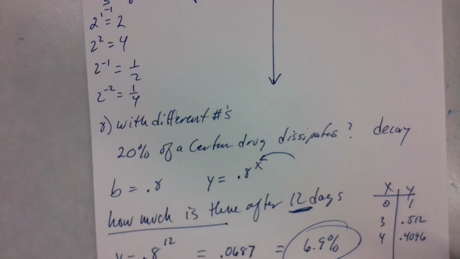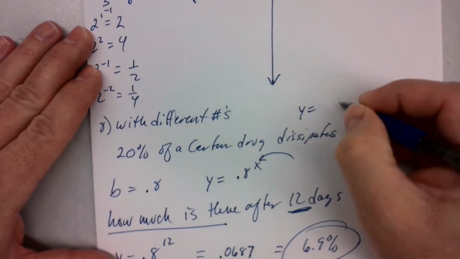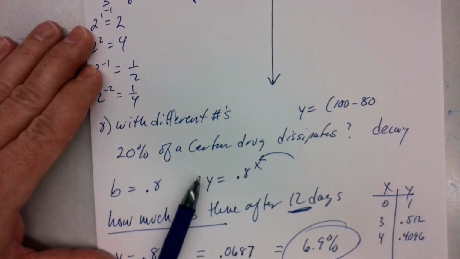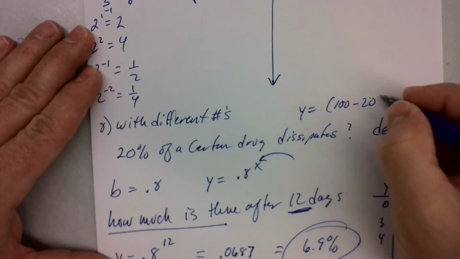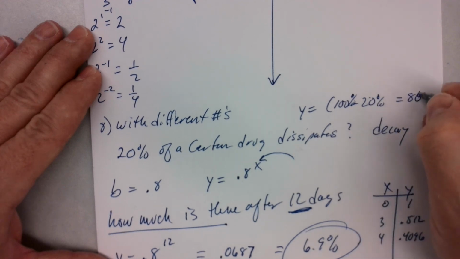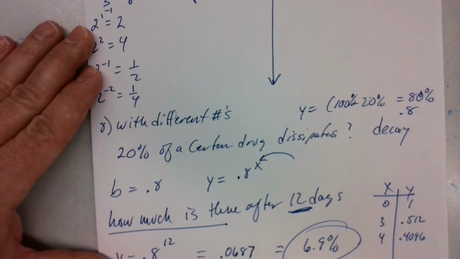So it said it decayed by 20%, right? So what you would have had is y equals 100 minus 20%, because that's how much it goes down, right? Which gave me 100% minus 20%, which gave me 80%, which is 0.8. That becomes my base. That becomes my B in the problem.